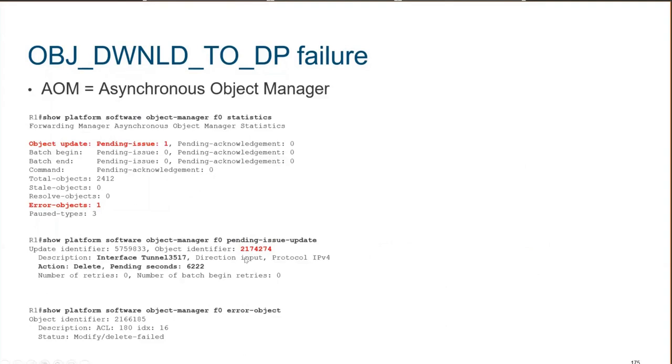In such scenarios, the only option to recover is to reload the device. We reloaded the device, and NAT was then applied at the hardware level as well. So when configurations are present on the device but that particular feature is not being applied on the packet, that is when you have to check if there are any errors at the object manager level.